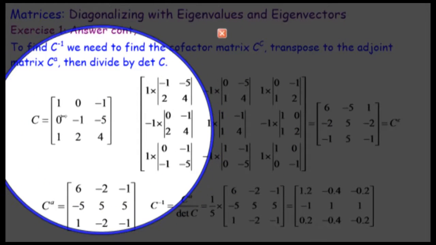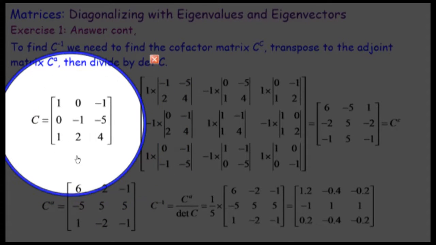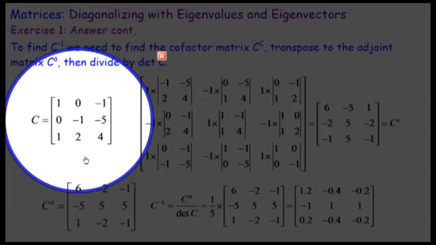Here's C. This is our original C, which was, you might remember, just the matrix of the eigenvectors associated with the eigenvalues in D, the diagonal matrix. Basically, we need to replace each element by its cofactor.